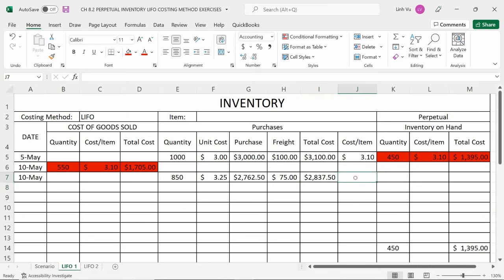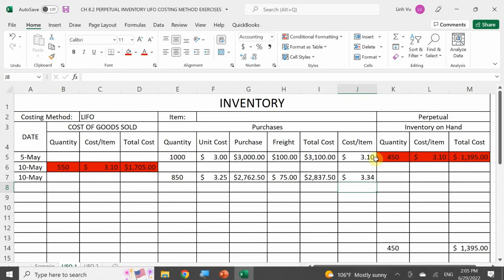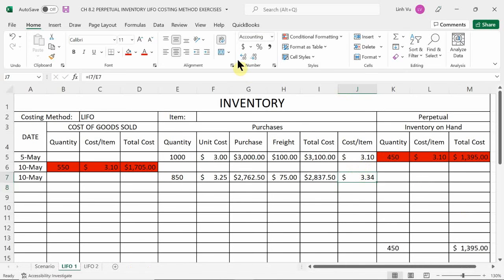Good. And my cost per item is going to be $3.34824. Good. Okay.